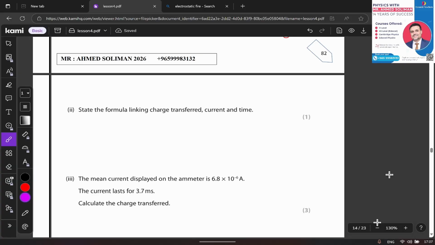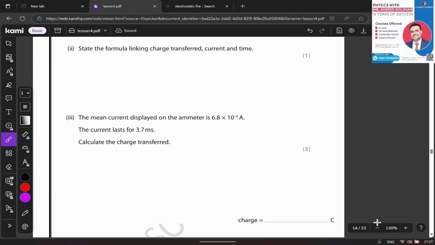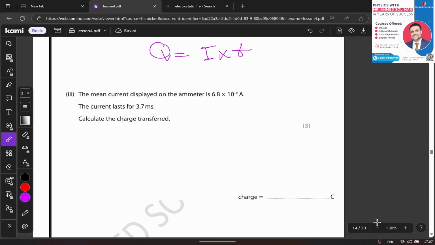Now, Bara, it's your turn. State the formula linking charge transferred, current, and time. Charge transferred equals current times time. Very good. Okay, continue. The mean current displayed on the ammeter is 6.8 times 10 negative 6 ampere.